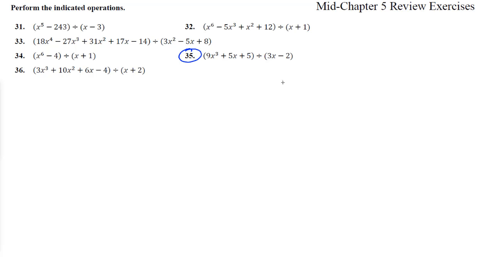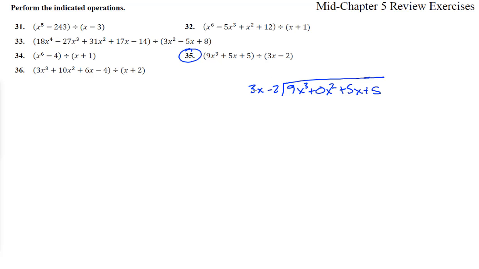Cannot do synthetic division, so we'll have 3x minus 2 going into 9x cubed plus 5x. Nope, we've got to put in that term, 0x squared plus 5x plus 5.